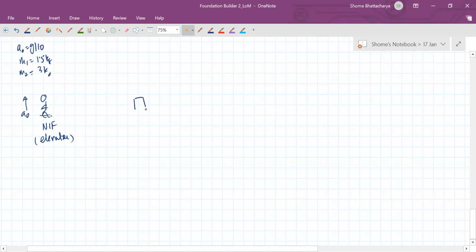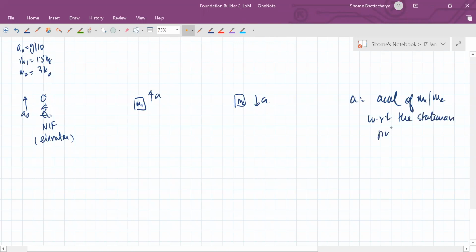In that frame, M1 is going up with an acceleration a, and M2 is coming down with a. So a is the acceleration of M1 or M2 with respect to the stationary pulley in the elevator's frame. And by the way, that is a non-inertial frame.